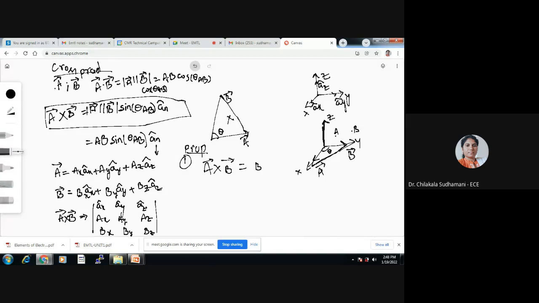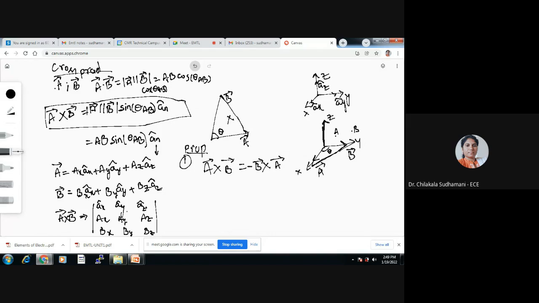But what is the relation? B bar cross A bar is the minus of it, so it is anti-commutative. A bar cross B bar is equal to minus B bar cross A bar.